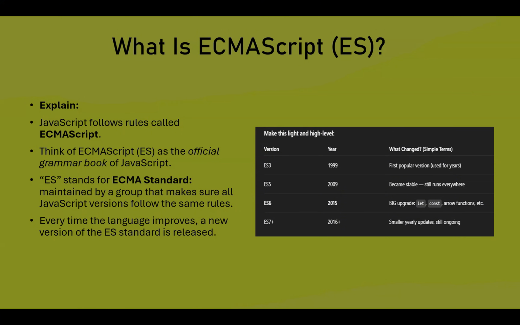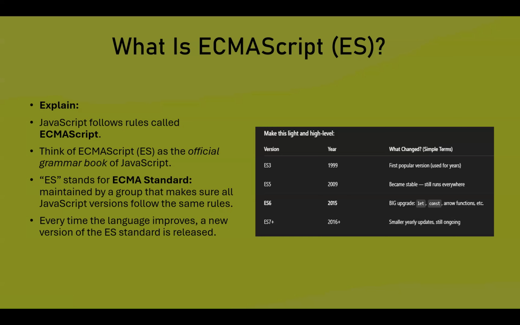ES stands for ECMA standard, maintained by a group that makes sure all of the JavaScript versions, no matter the version they bring out and in which year, still follow those basic rules. Every time the language improves, a new version of the ES standard is released.